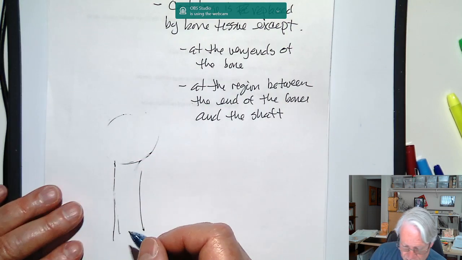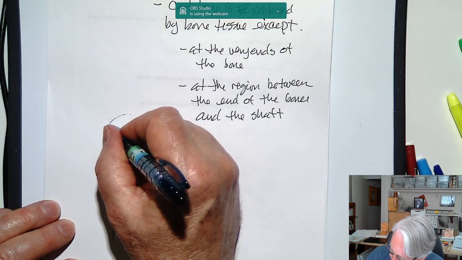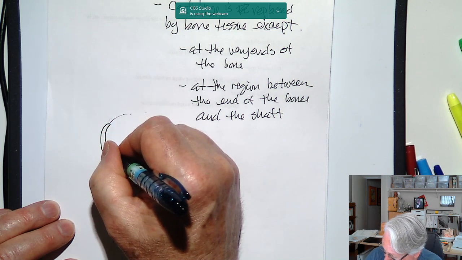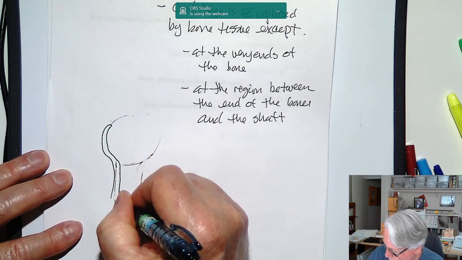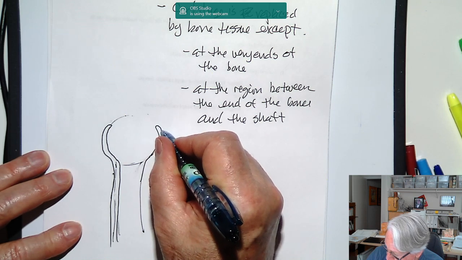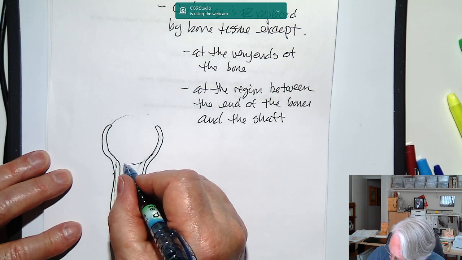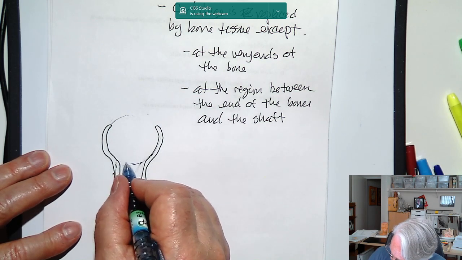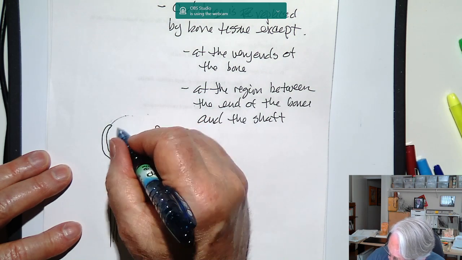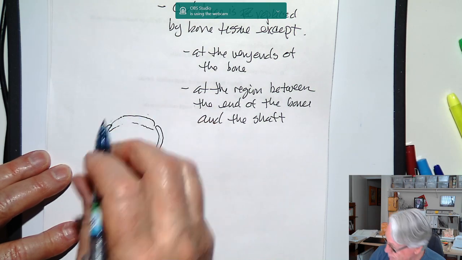And what's going to happen is we're going to form, and we're going to have, okay, so let's get that.